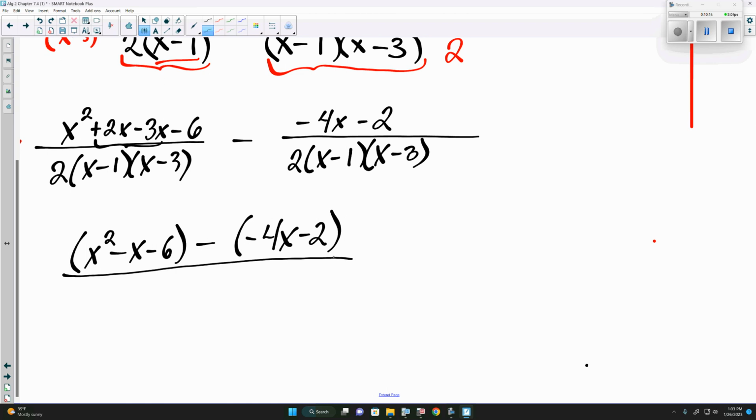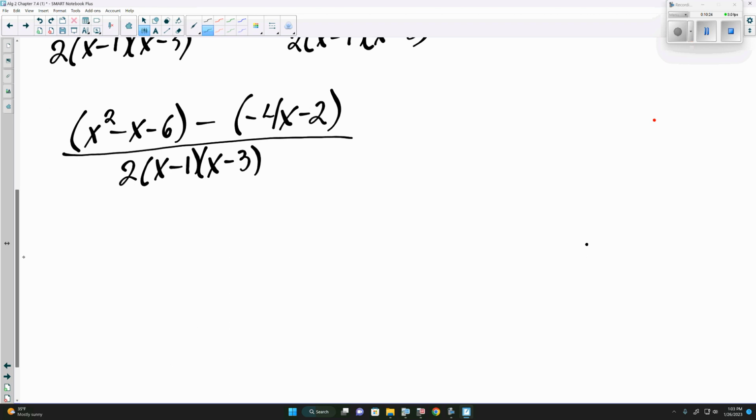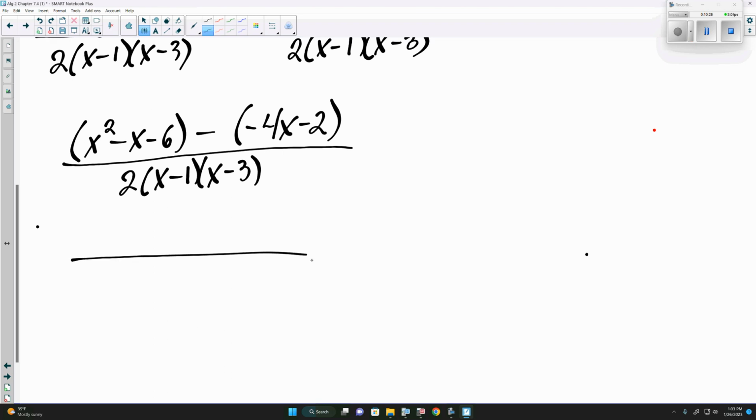But when we subtract, the signs are going to change. So the x squared minus x minus 6, we can drop the parentheses. That's fine because the number in front of it is technically positive 1. And multiplying by positive 1 doesn't change the value or the sign. So it's just x squared minus x minus 6.